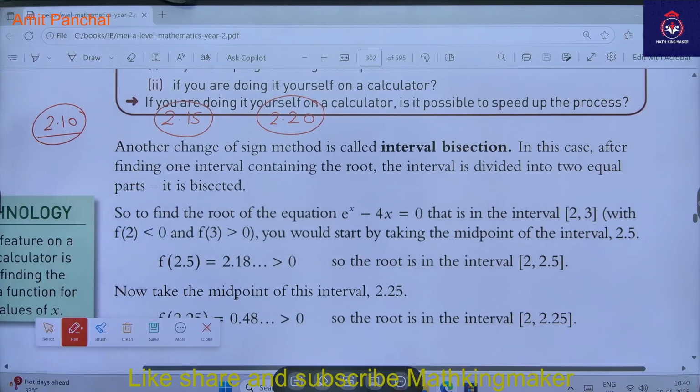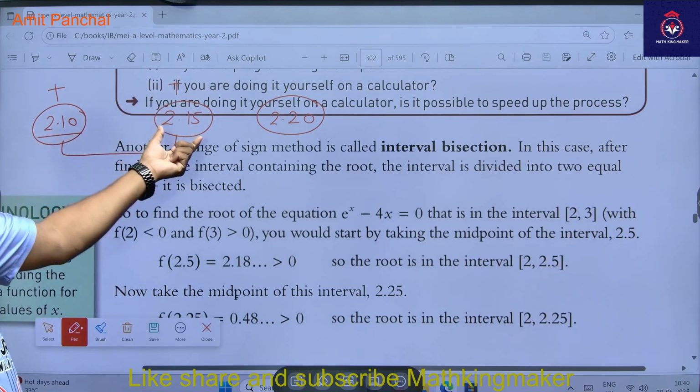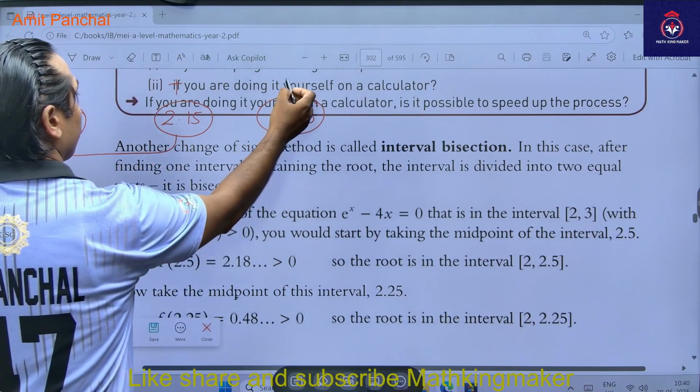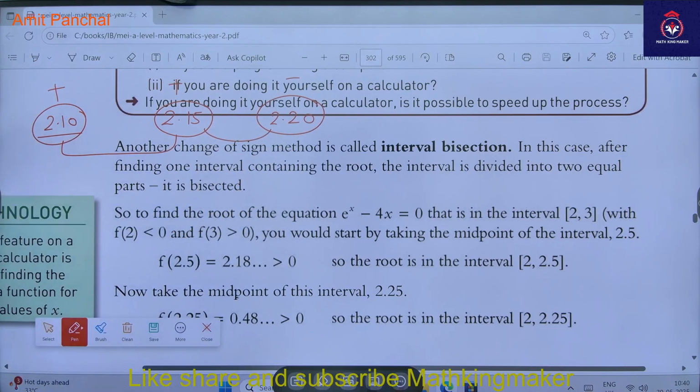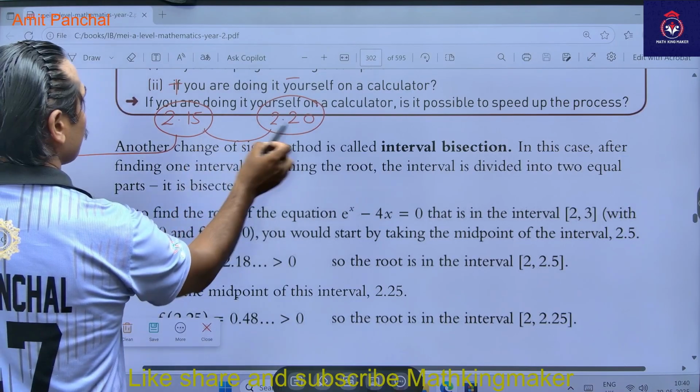First you check 2.10 with 2.15. If you get positive here and negative there, the root is lying between 2.10 and 2.15. If you get both 2.10 and 2.15 positive, but 2.20 negative, then your root is lying between 2.15 and 2.20. Again, this interval is to be bisected.